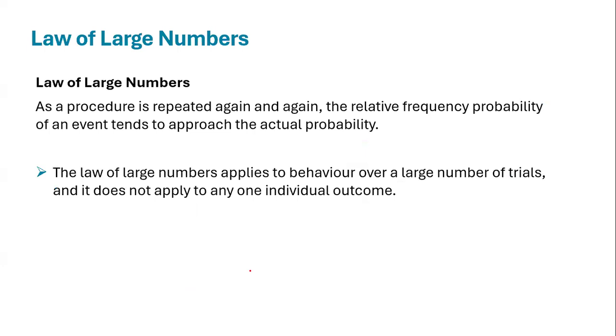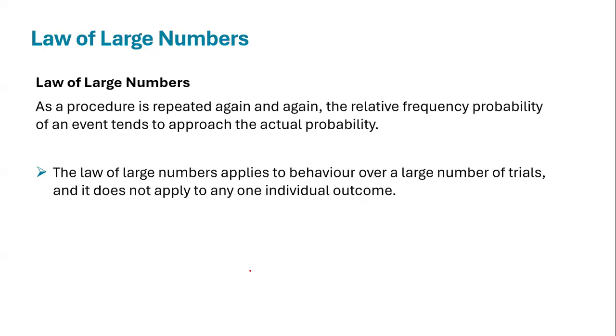The law of large numbers tells us that when some procedure, some probability experiment, is repeated again and again, the relative frequency of the event usually approaches the actual probability of the event. Okay, so we said that the empirical probability uses the frequency of the event.